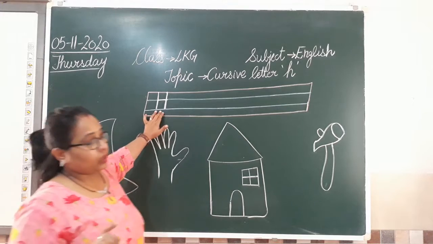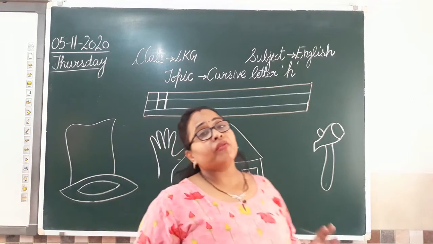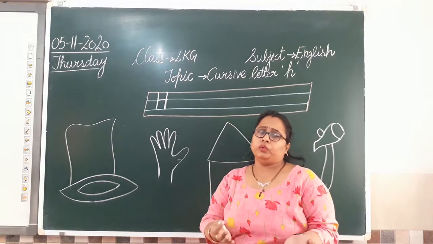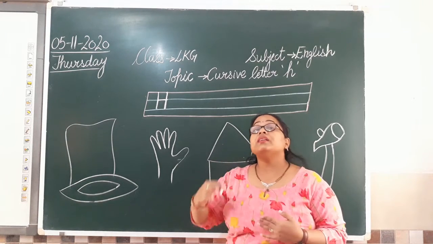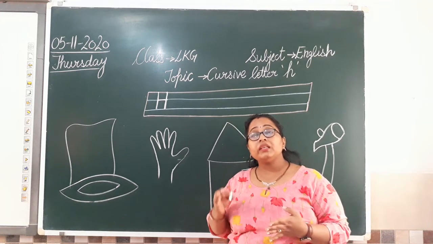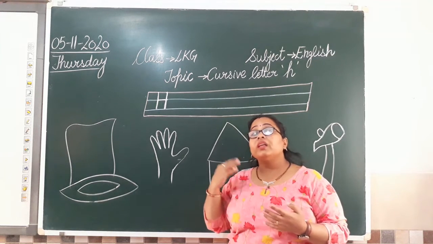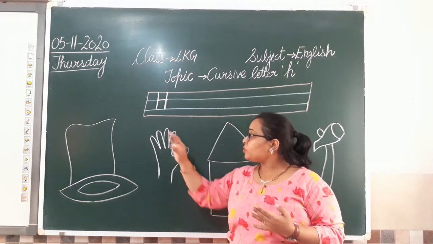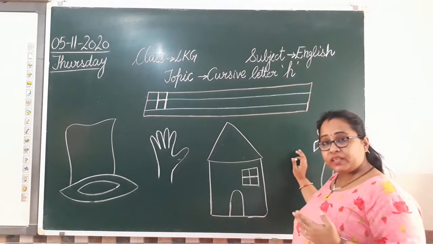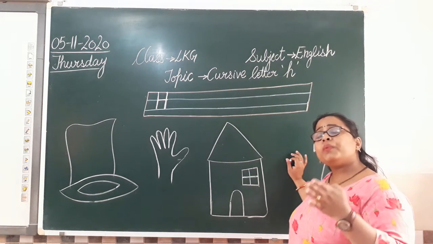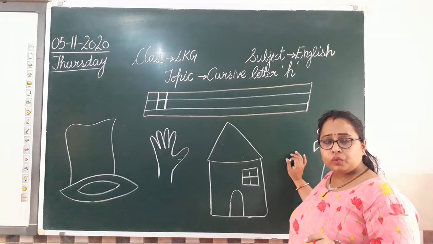Clear? Now, we have different objects related to alphabet H and you all know that. But to understand the sound of alphabet H, the beginning sound, what sound the alphabet H has, हम क्या करेंगे? We are going to write the name of these objects. Plus, ma'am is also going to discuss some more pictures or some more objects with you.